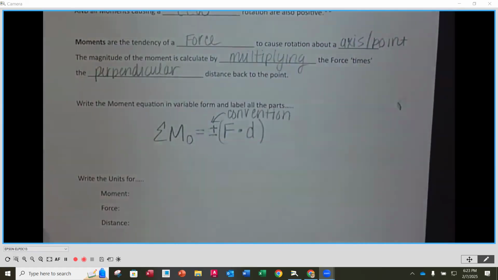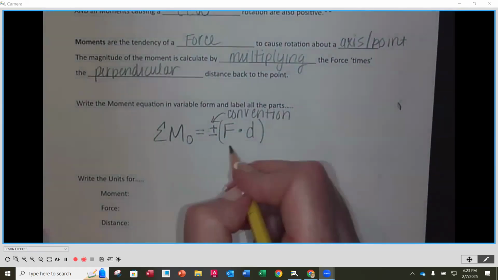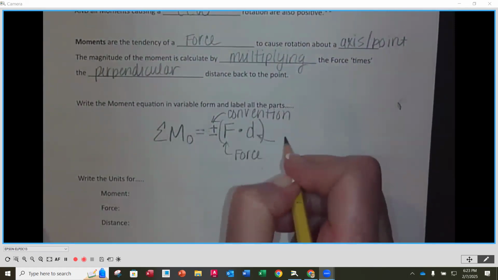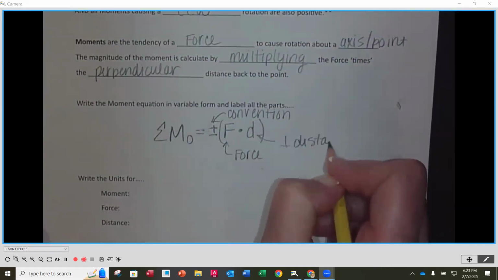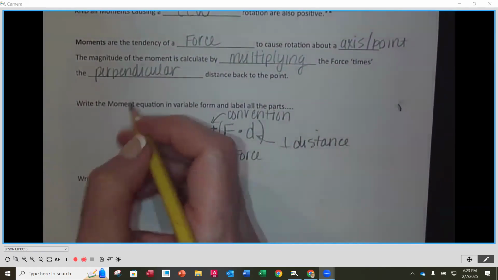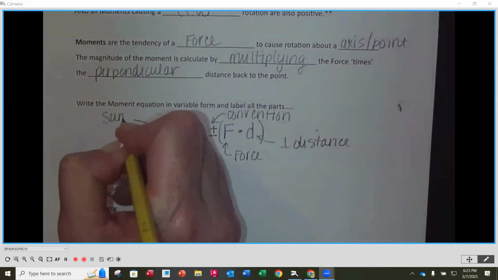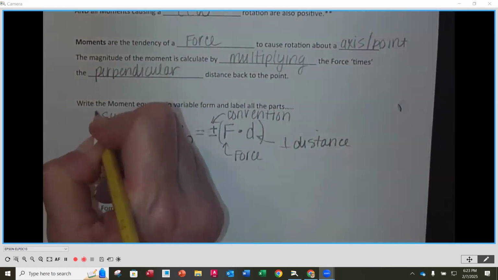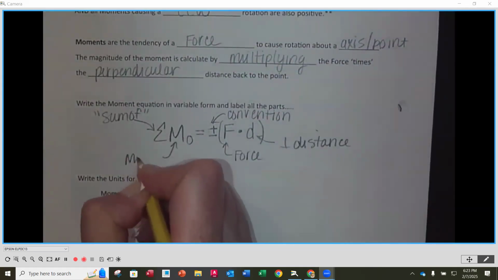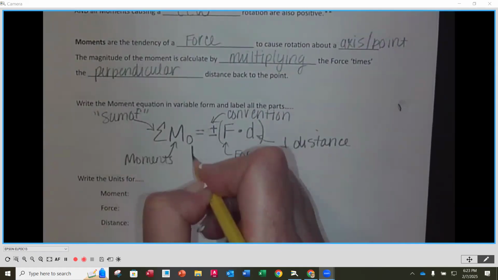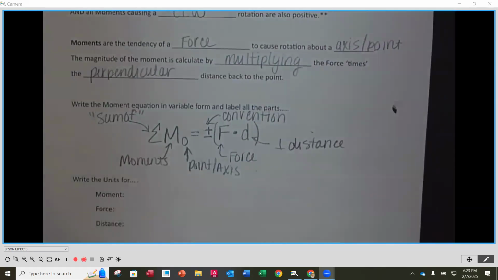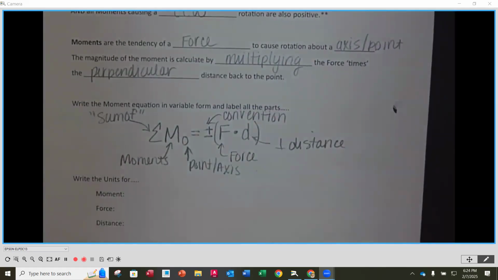Which is the direction of rotation. This is going to be our force. This is going to be the perpendicular distance. The symbol sigma, capital sigma, is sum of. Capital M is moments. And then this is going to be the point or axis. Put it in there. Okay.